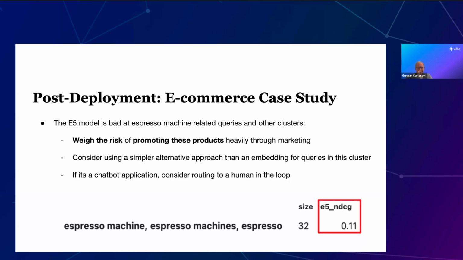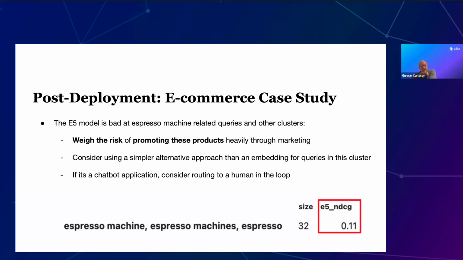They operate within your business model. And in your business model, you might be spending money promoting certain products through marketing. Now, if you knew in advance that customers would have a bad experience if they're searching espresso-related queries, then maybe it's time to prioritize other things in the meantime while you're trying to improve this experience.